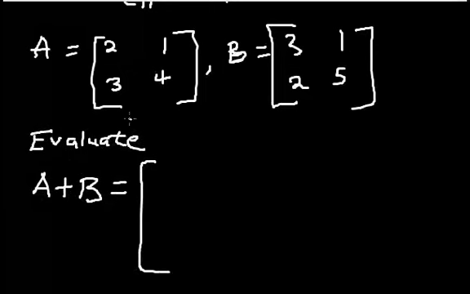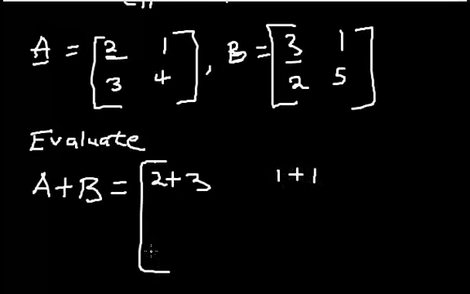All I need to do is add at the position. 2 is the element at row 1 column 1 of the A matrix, so I add it to the corresponding element. My new matrix is going to be 2 plus 3, then at this point 1 plus 1.